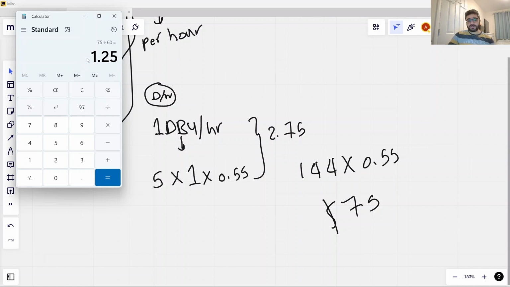Because every minute your cluster will charge you $1.25, and times 60 you get $75 in an hour. Databricks charges you per second, not per minute, not per hour, like other vendors. So you really get exactly what you pay for.